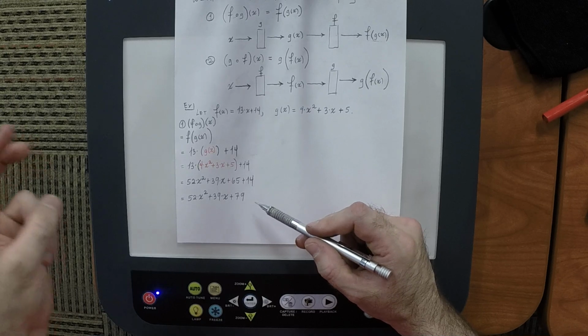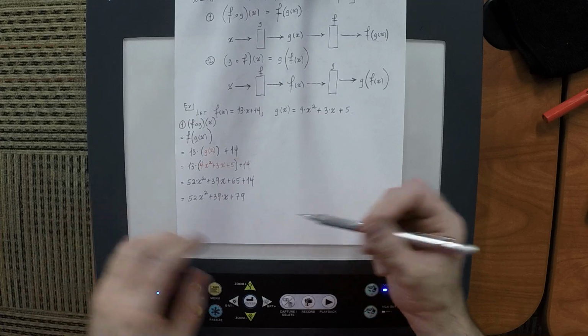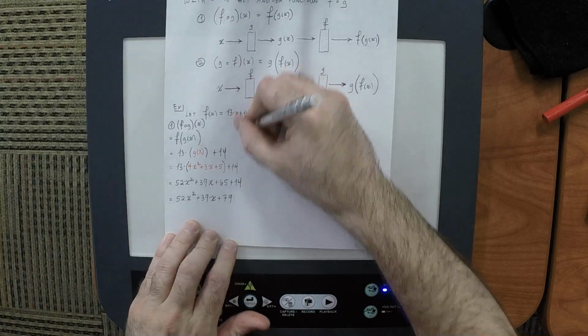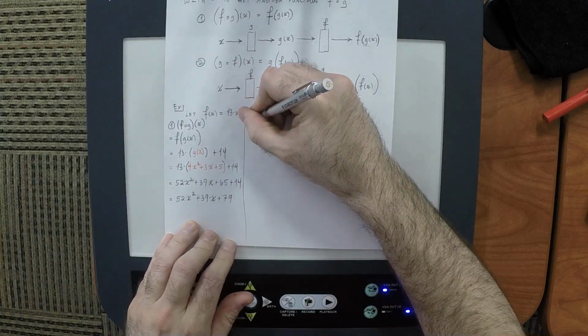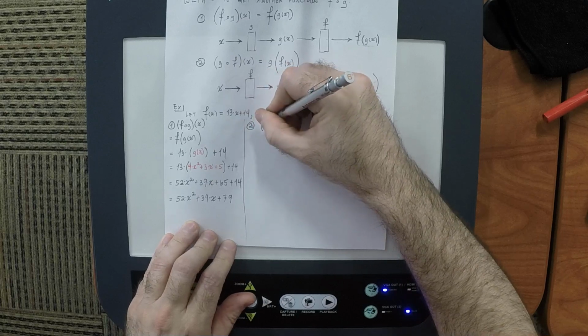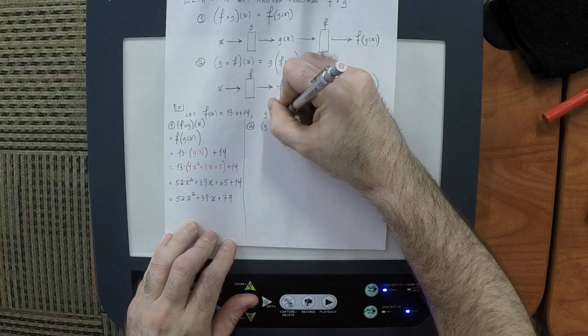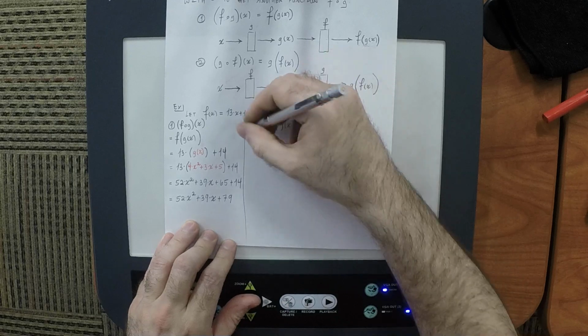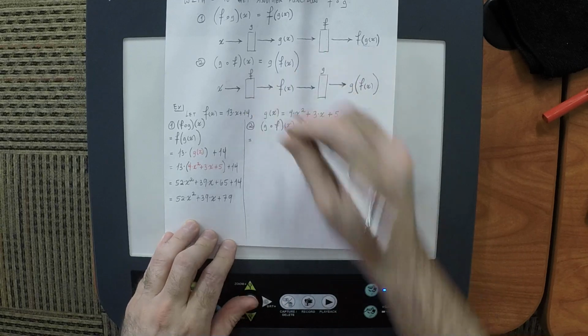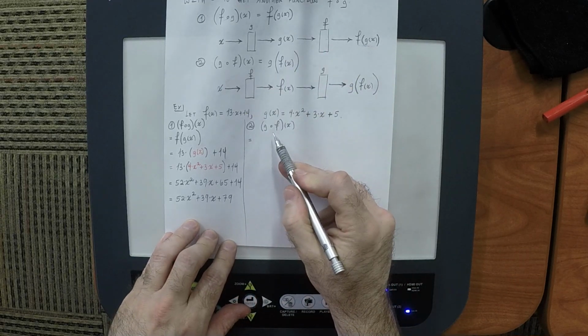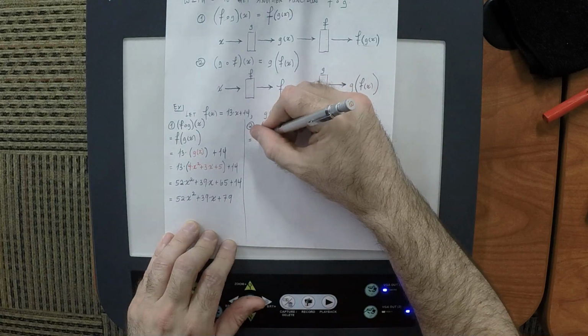What I am saying is that you should have no expectation of getting the same thing. Okay. So g composed with f evaluated at x. How do we write that without the composition operator? G of f of x.